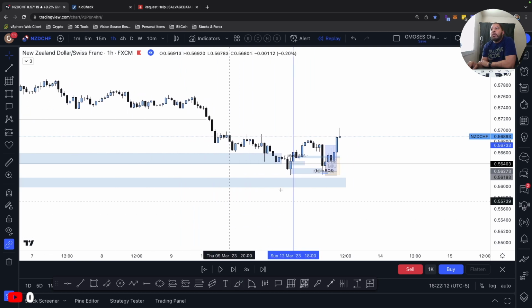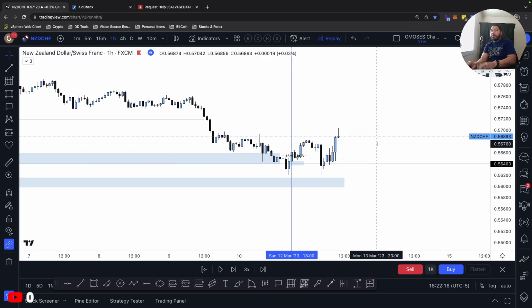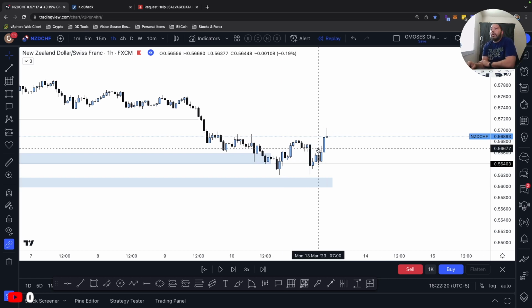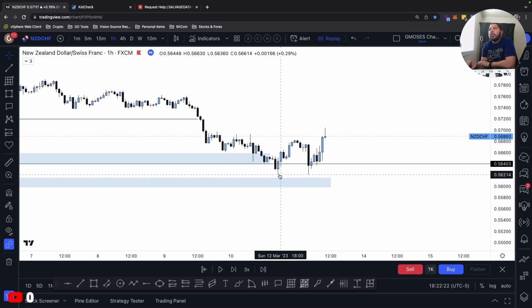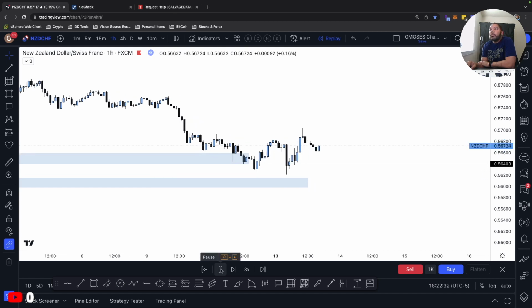So right now on the daily, we can actually take a lot of this out because we don't need this anymore. All right, so right now we can see lower low. This is like a double bottom here, equal lows in this area here. Okay, so let's look at price and see exactly what it's gonna do.